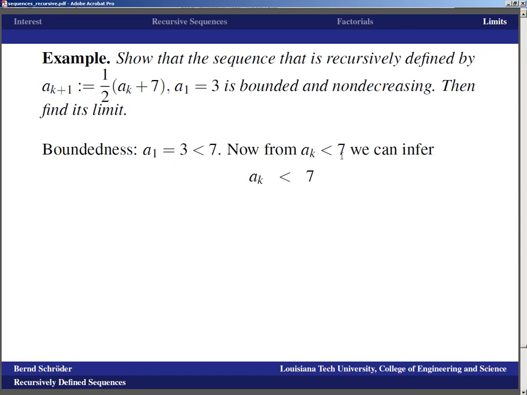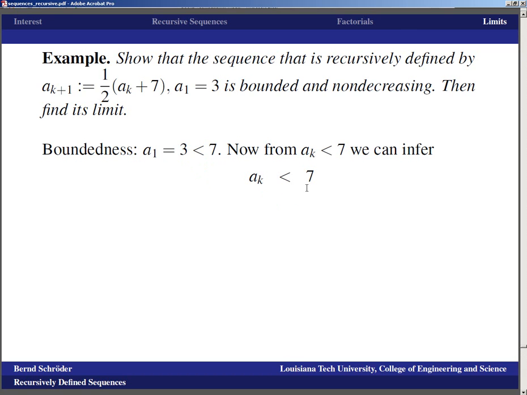Now from a_k smaller than 7, we're going to infer that a_{k+1} is smaller than 7. Because if we know that whenever the current one is smaller than 7, then the next one is smaller than 7, well then a_1 smaller than 7 implies a_2 smaller than 7 implies a_3 smaller than 7, and so on.